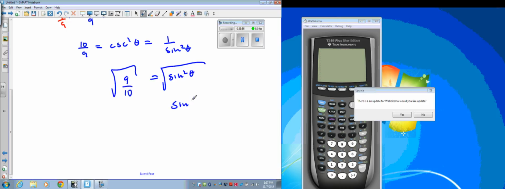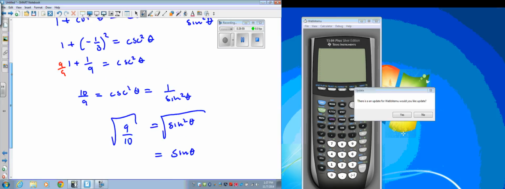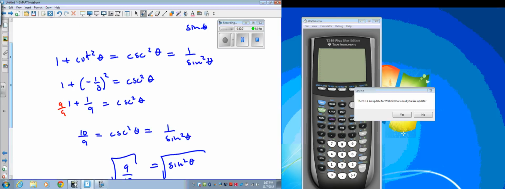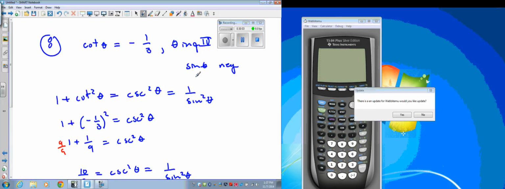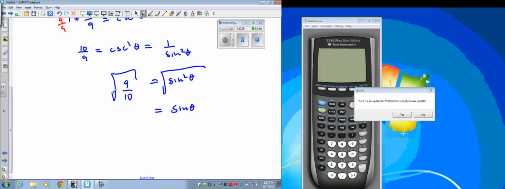So I get sine equals, and because I'm in the fourth quadrant, and in the fourth quadrant it's negative, this is plus or minus, so I take the negative. Square root of 9 over square root of 10.